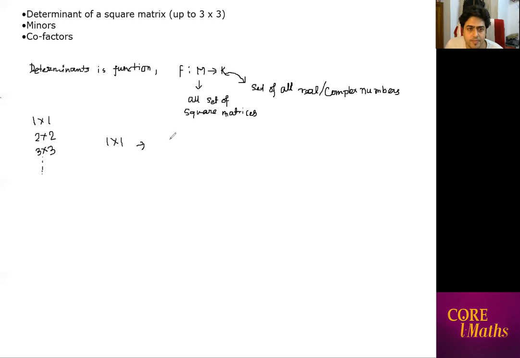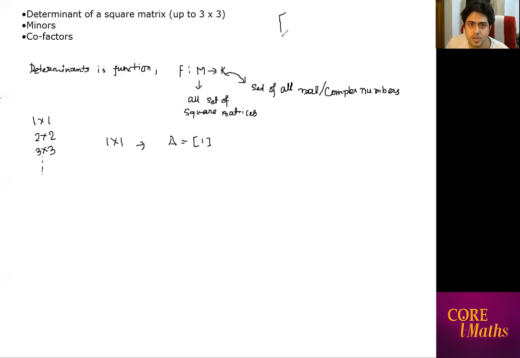Let's say A is a square matrix having only 1 element. First, you have to know how we will represent the determinant for any square matrix.